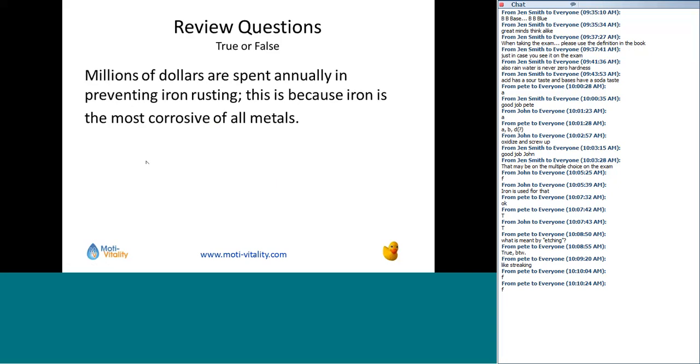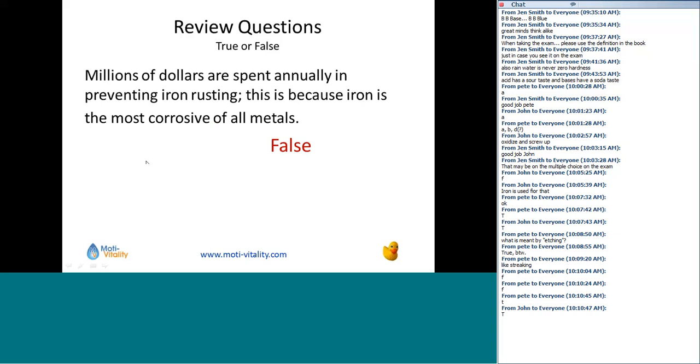Billions of dollars are spent annually in the preventing of iron rusting. This is because iron is the most corrosive of all metals. That is false. Potassium is the most reactive, or the most corrosive, of all metals. Remember, there are 6 metals more reactive than iron.